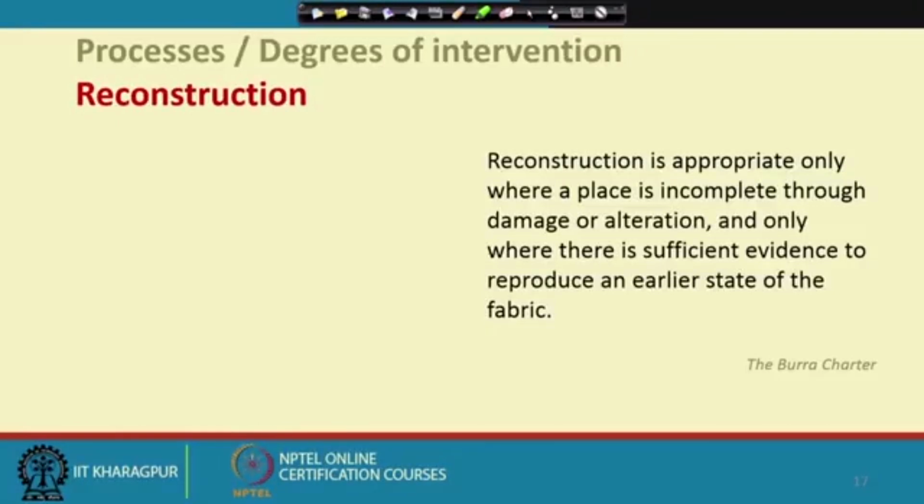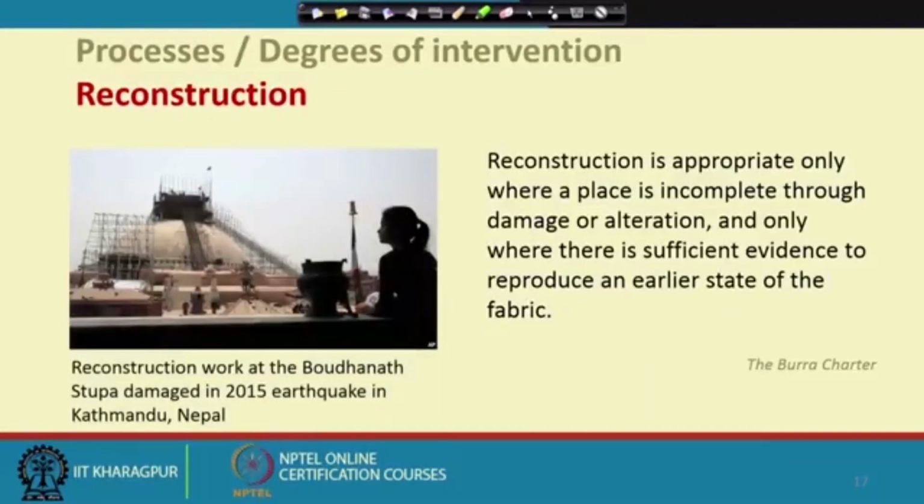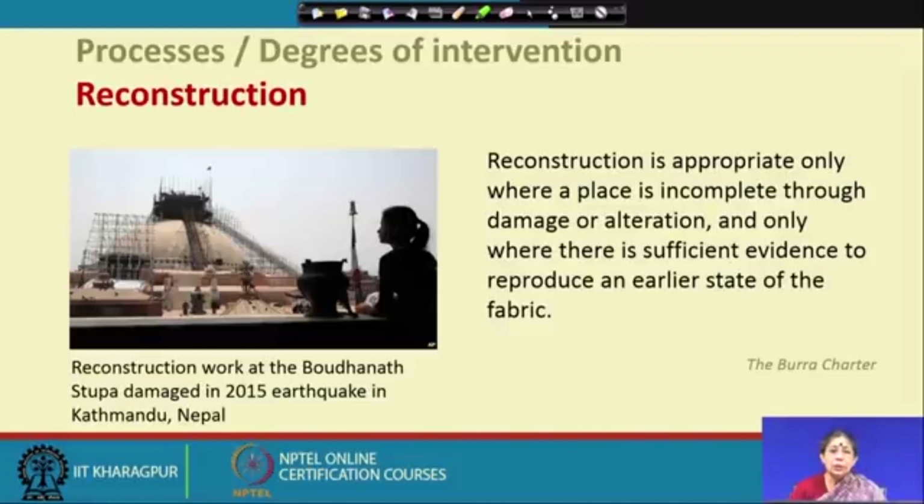As I said, there should be sufficient evidence to reproduce the earlier state. Now, what is that earlier state? Which part of the earlier state? That needs historical, archival, archaeological research. One such example we can find: as you know, in Kathmandu there was an earthquake and a lot of structures, normal structures, historical structures, religious structures were demolished.